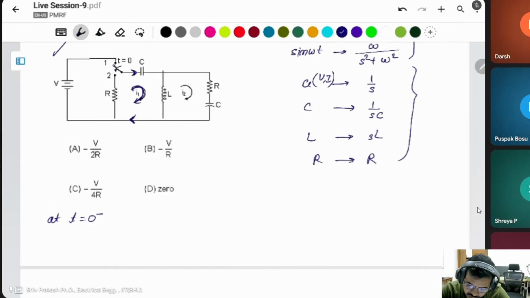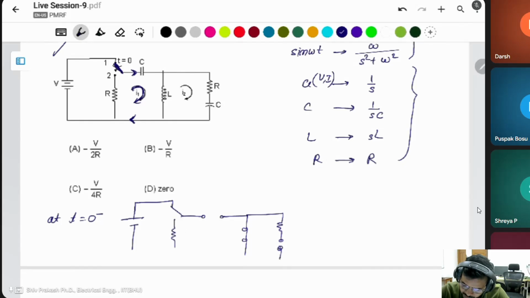At this condition, the switch is applied like that. With this voltage, the capacitor is open circuit and inductor will be short circuit, and this resistor and this capacitor again open circuit. This resistor has no meaning, these are floating.